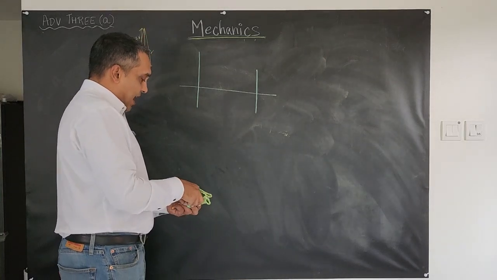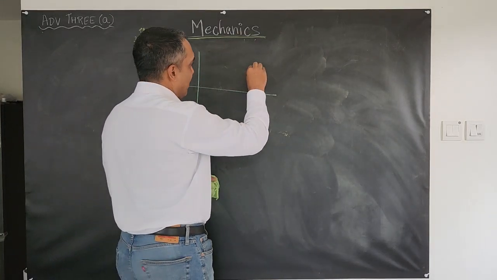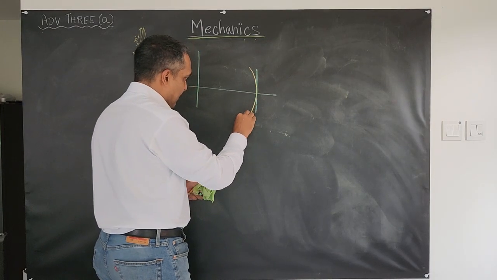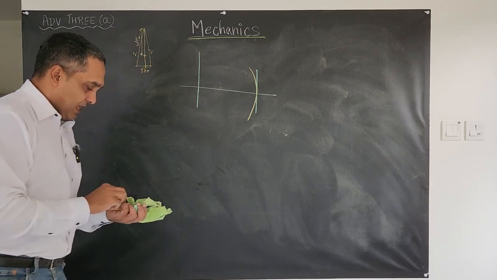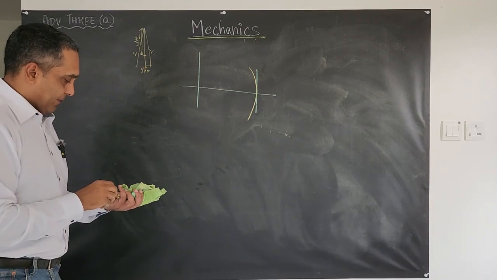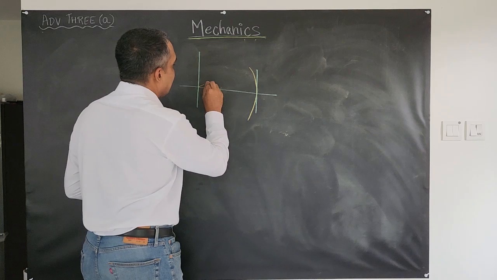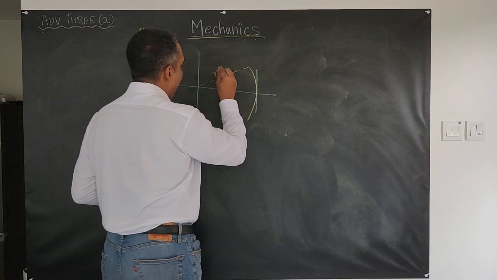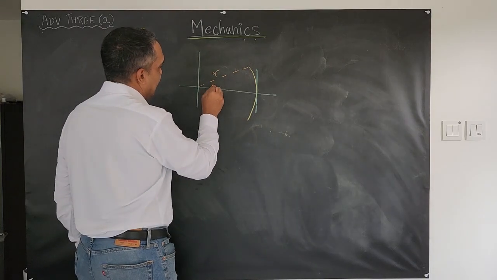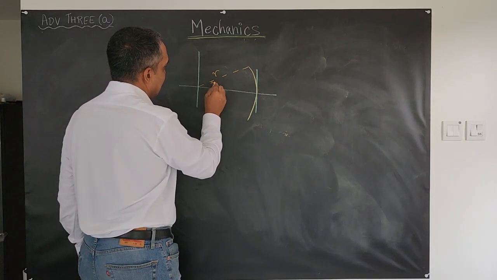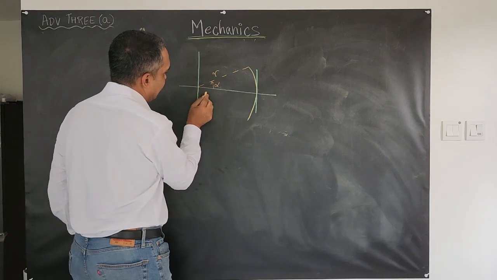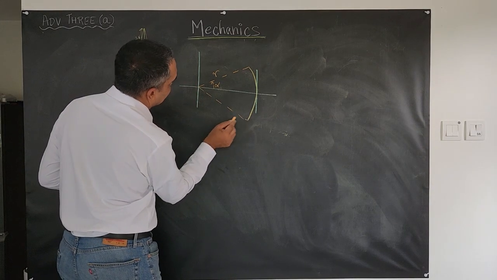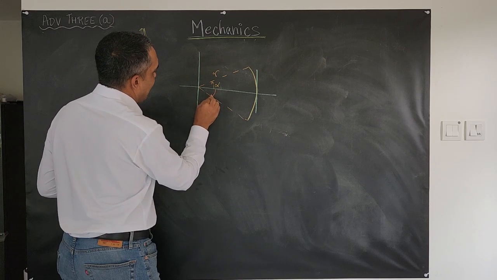I'm going to say I have a framework which is bent such that it subtends a radius of r and has equal angles alpha on either side.